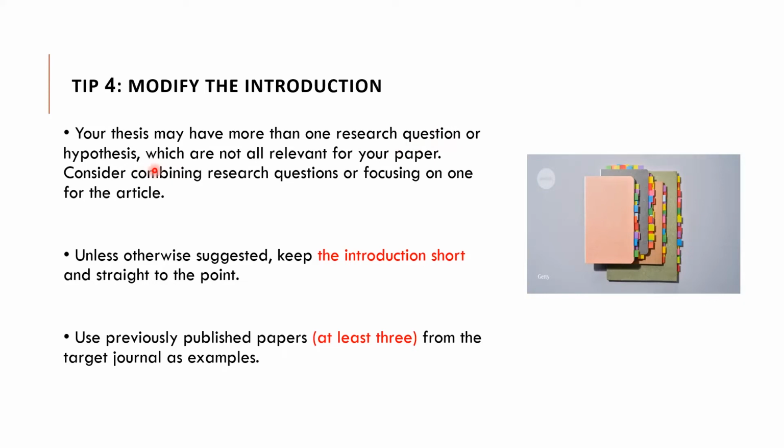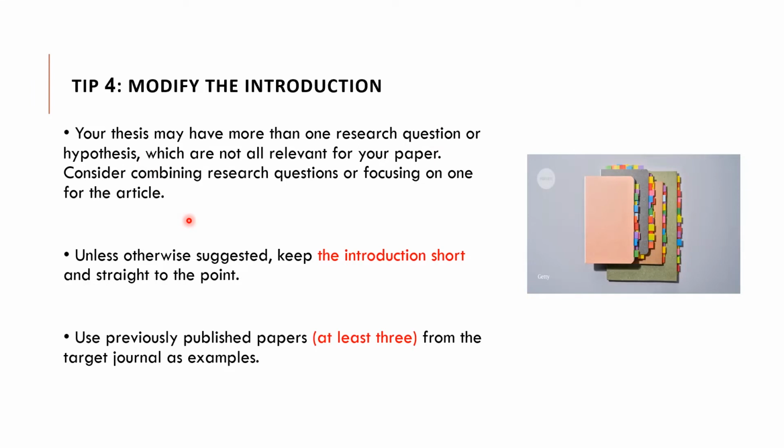So you consider combining research questions and focusing on one in the article, okay? Because the thesis is very big, it is a major work, you work on it for 3 to 4 years. You cannot put it all in the article. You need to choose one. Let's say you have 4 or 5 questions in your thesis.